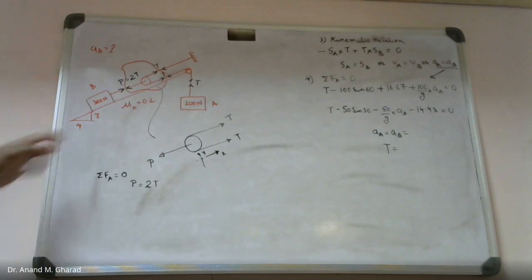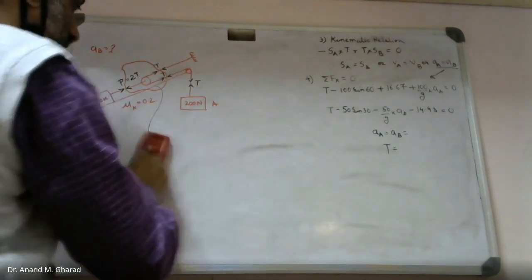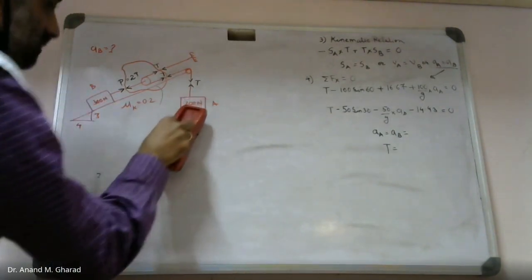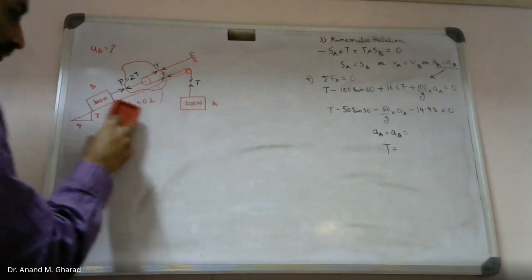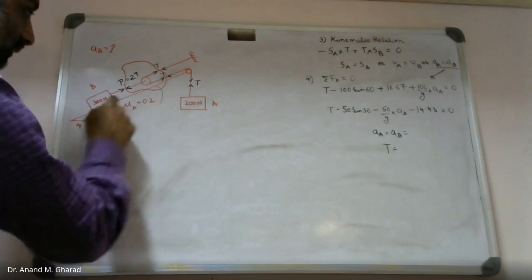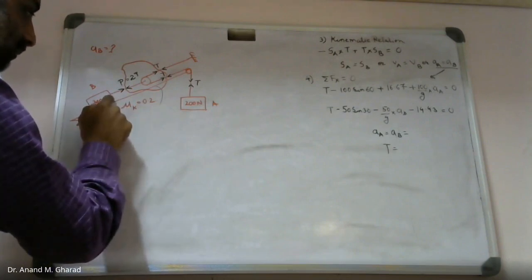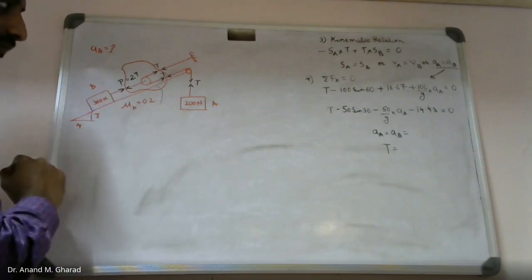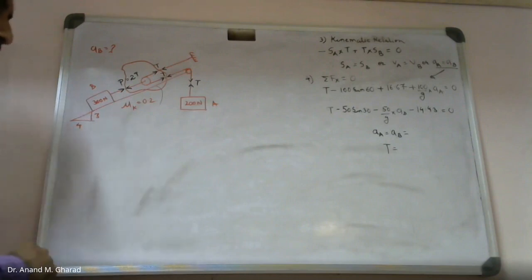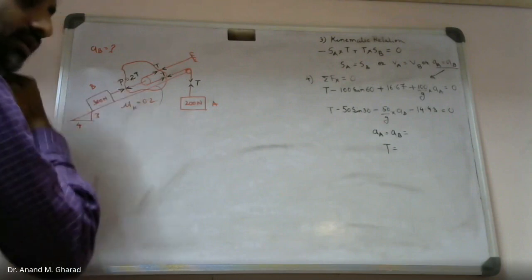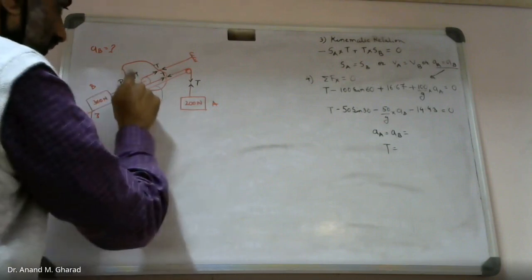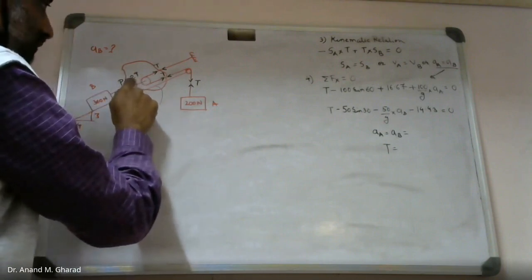Now, what generally we consider is, since this 200 Newton is less than 300 Newton, the case may be this 300 Newton block may move in the downward direction. That's what we need to check. Okay. Here, the tension force is 2 times T. What will be the effect if this tension force is 2 times T?